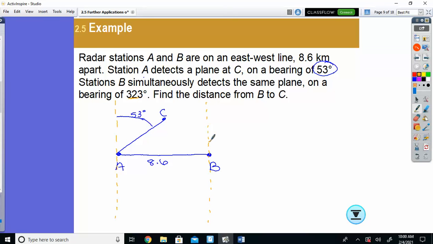And we know from here to here would be 180, 270, so 323 is going to take us up here. So we draw this picture as we go. Are there any questions on how I got this picture with my angle measurements?